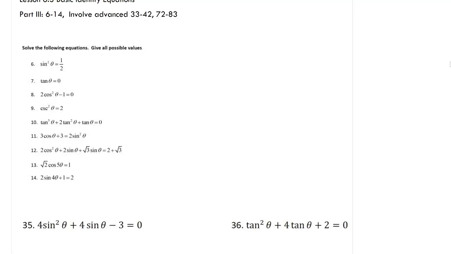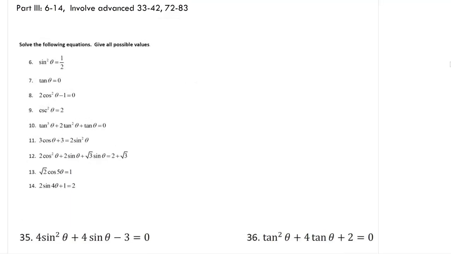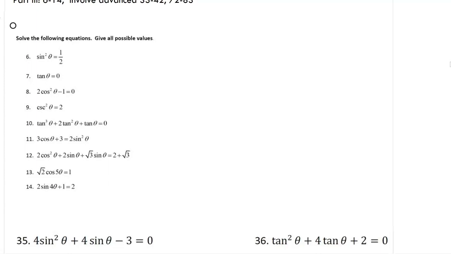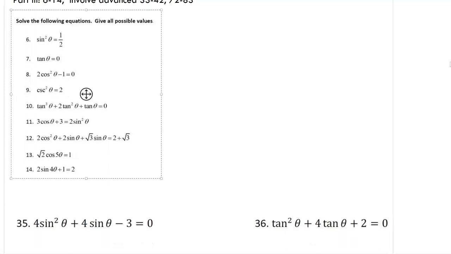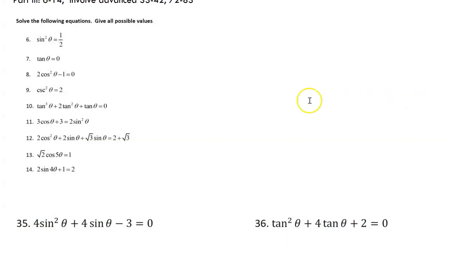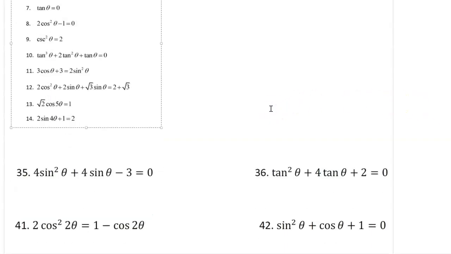Okay, let's go ahead and find these equations. I'm only going to do some of them. So 6 through 14 are basic. It's not going to involve you using the advanced identities.